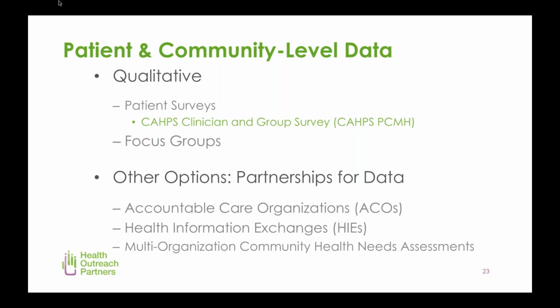And I think some really neat ways I've seen health centers and organizations partner beyond the ACO model is to look at community health needs assessments, and maybe partnering a health center, maybe a PCA, maybe hospitals, health systems, private practices, and a health department to do community health needs assessments.